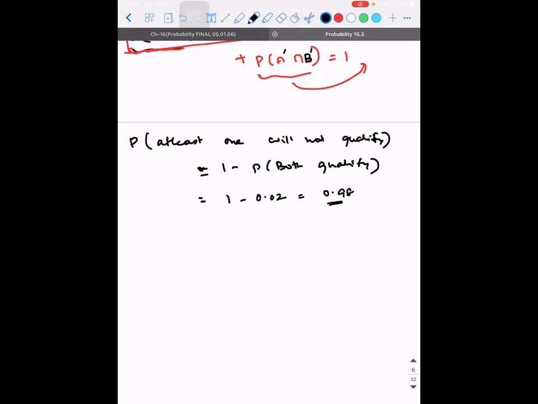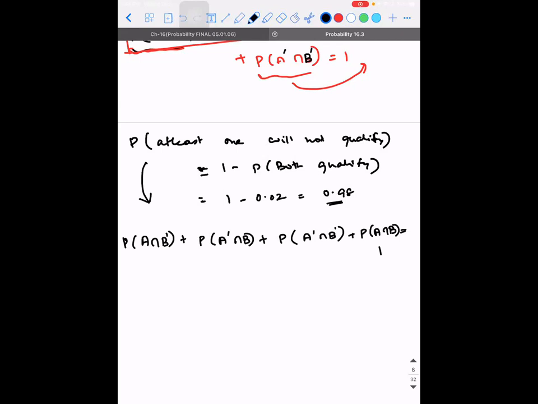So if you want to know the inner meaning of at least one will not qualify, can you tell me what all is added together? At least one will not qualify means probability of A intersection B dash plus probability of A dash intersection B plus probability of A dash intersection B dash. Plus probability of A intersection B will be equal to 1.